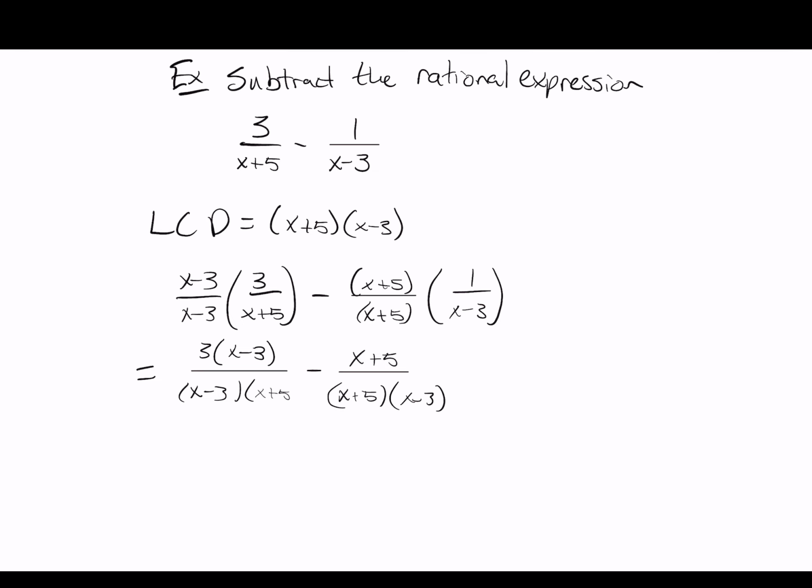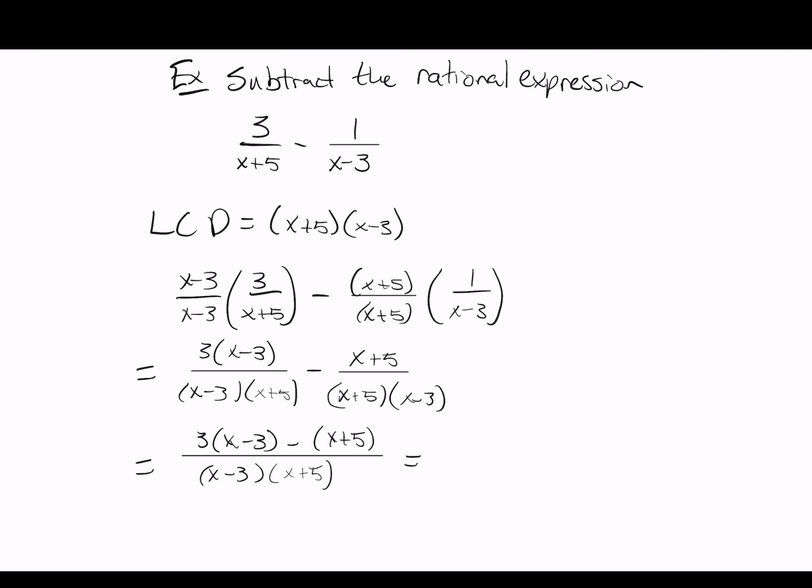So now we can just subtract the numerators. Now that we have a common denominator, let's combine that into one numerator. We have 3 times x minus 3 minus x plus 5, all over x minus 3 times x plus 5.